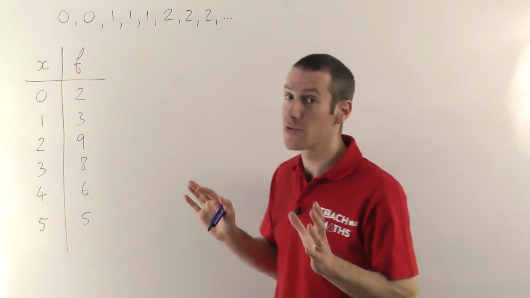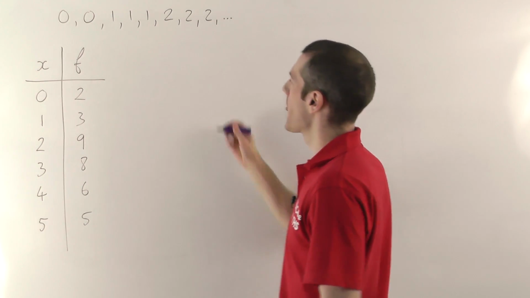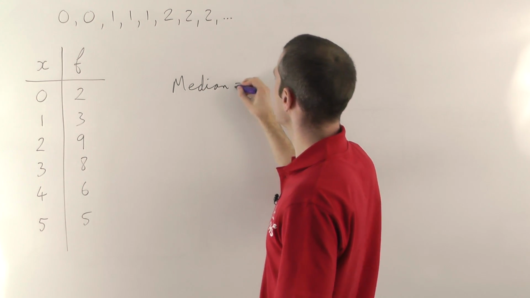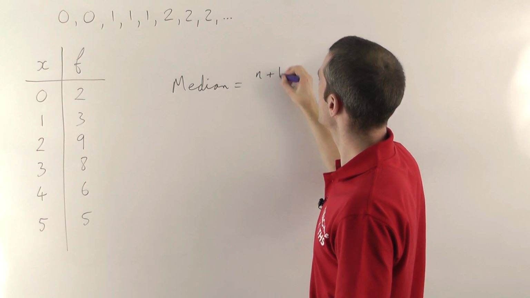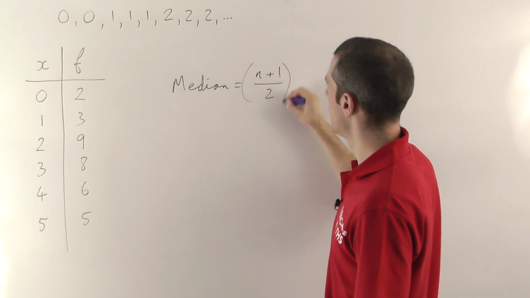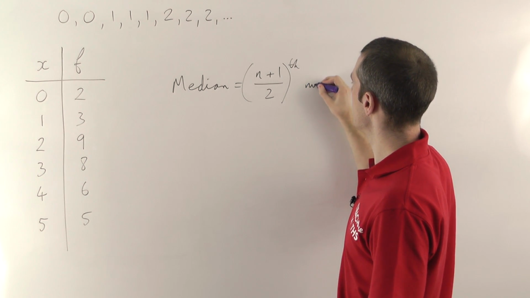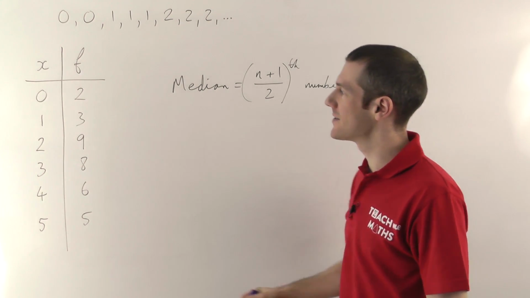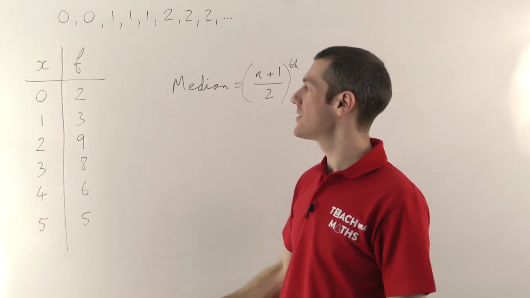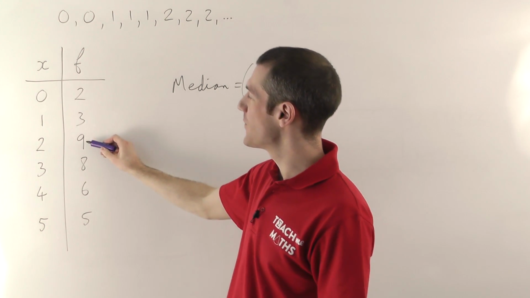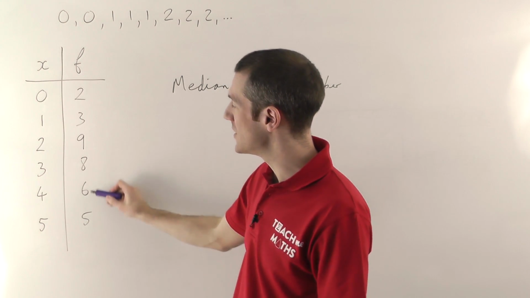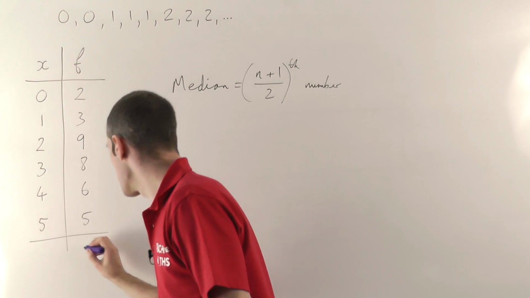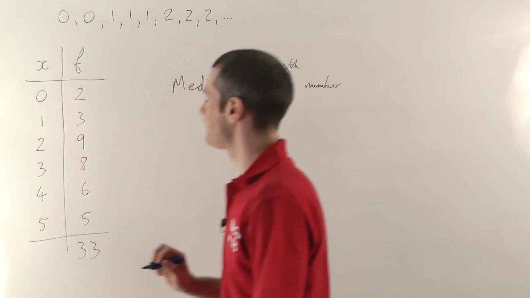However, if you want to use the formula and do it properly, the quick way, then it goes like this. So the median is the (n plus 1) over 2 number in the list. That's what we're looking for. N in this case, well, if you add up all your frequencies, so 2 plus 3 is 5, plus 9 is 14, plus 8 is 22, plus 6 is 28, plus 5 gives you 33.